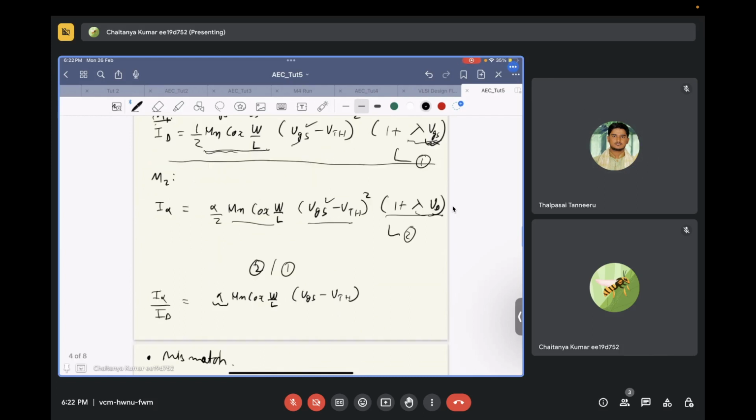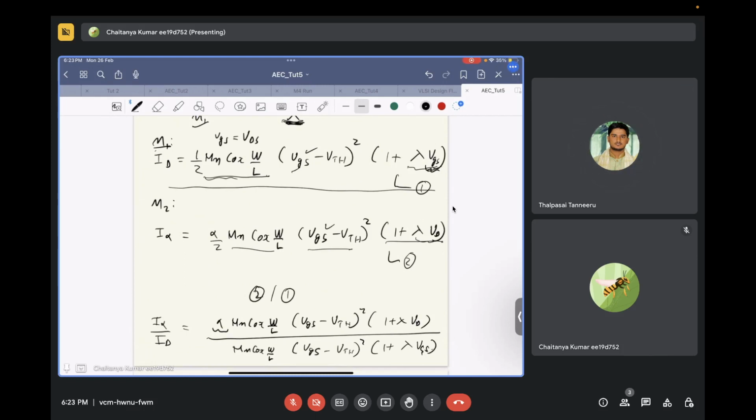So I alpha by ID, if you divide equation 2 by equation 1, what you get is I alpha by ID equal to alpha times mu n Cox W by L times VGS minus VTH whole square times 1 plus lambda VD, divided by mu n Cox W by L times VGS minus VTH whole square times 1 plus lambda VGS. Correct?